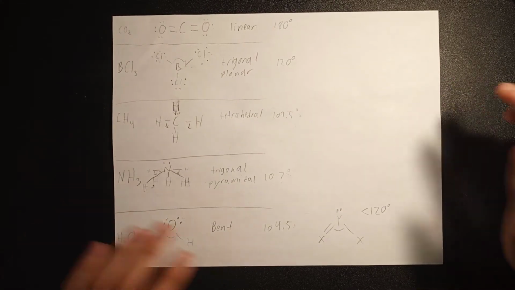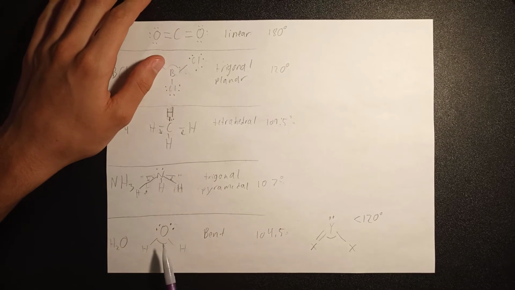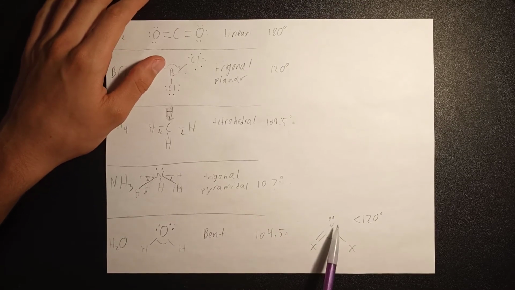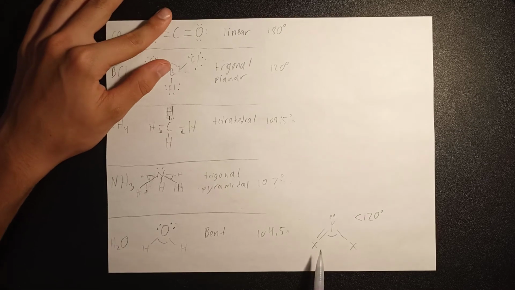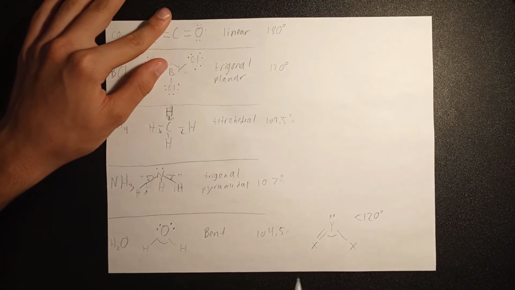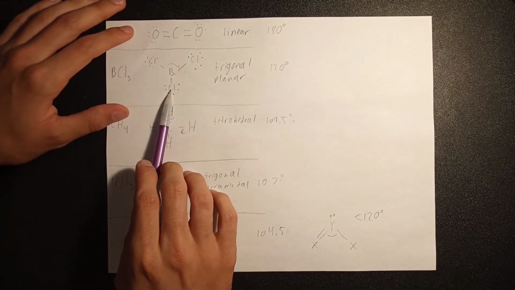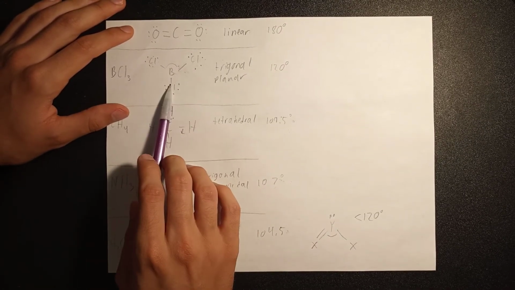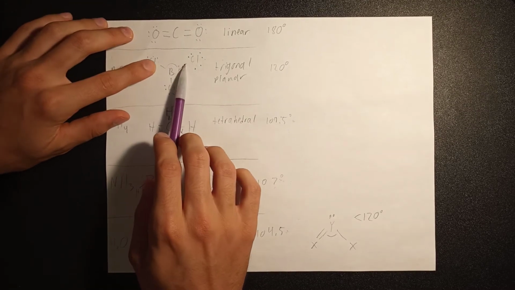There you go. One more thing I want to talk about is that bent is not just with two lone pairs. Bent can be with one lone pair. These are just variables. So what happens when bent is with one lone pair? Well, you get a situation like this, where it's the same thing here, except you replace just one of these electron-electron bonds with a lone pair and push them a little bit closer together.